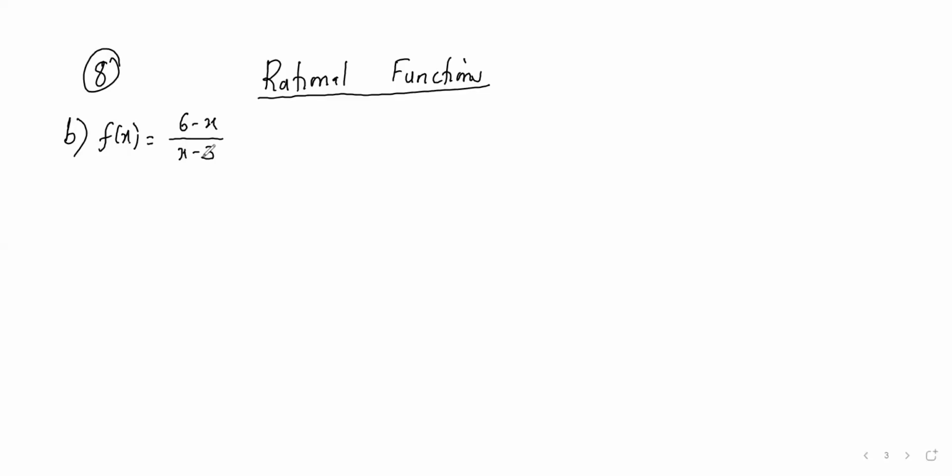The first thing I do is to find the vertical asymptote by equating the denominator to 0. This is the vertical asymptote. Then the horizontal asymptote. You look at the powers of x.